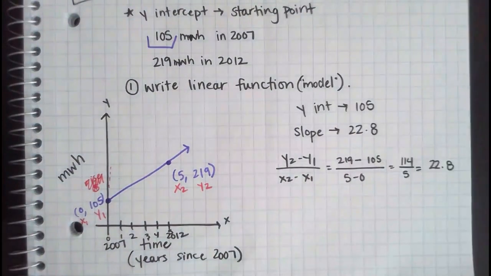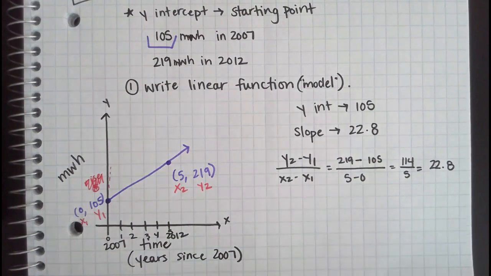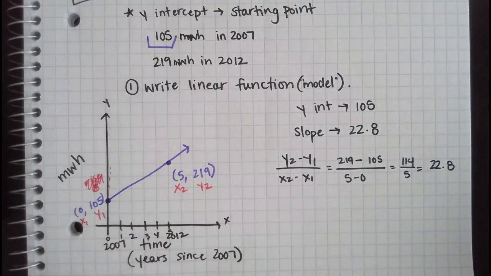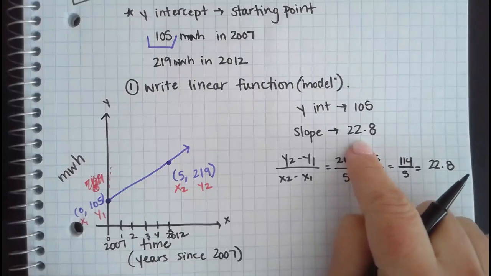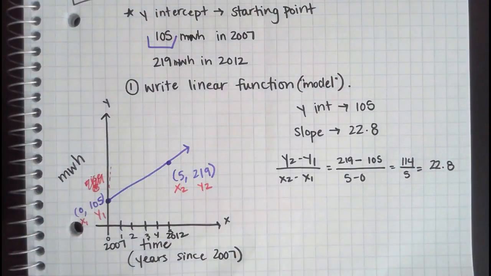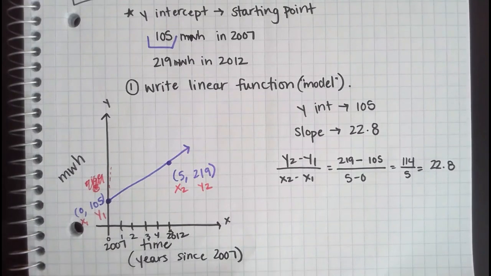You don't have to, but in a word problem, it makes it easier to describe. Having it over 1 makes it a unit rate. How many megawatt hours per year do we use? 22.8. That makes more sense than saying we use 114 over 5 megawatt hours. So for the word problem, a lot of times it does make sense to put it as a decimal.